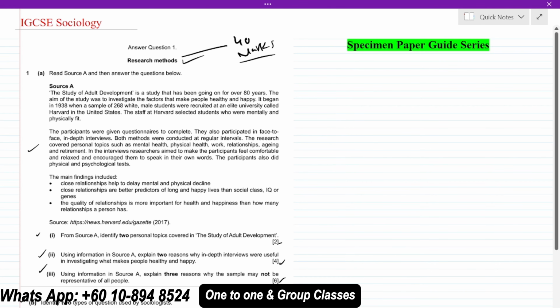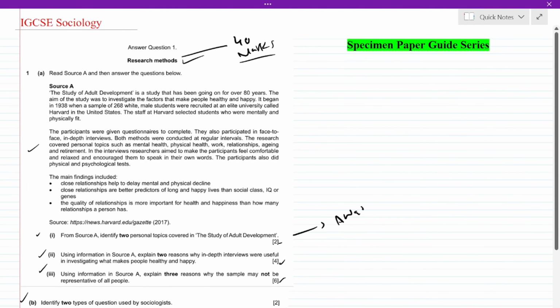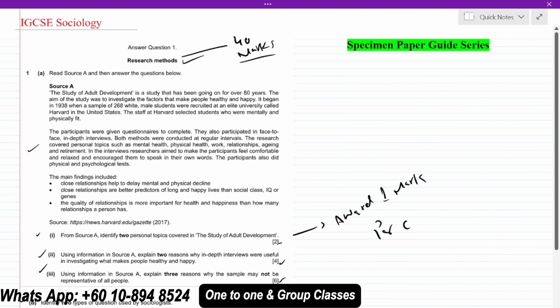The question asked is: from source A, identify 2 personal topics covered in the study of adult development. You can see that we have 2 marks and you are awarded 1 mark per correct answer. Remember this.